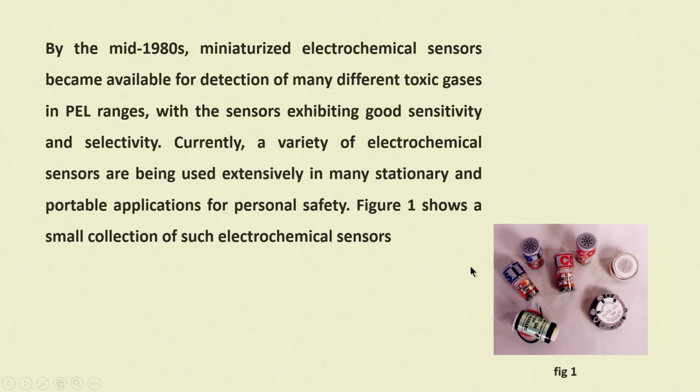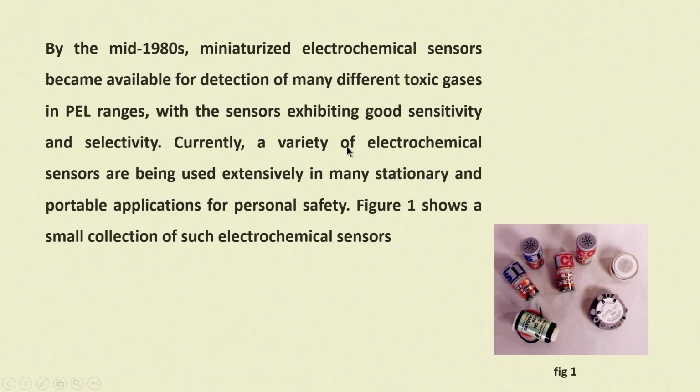So, it is like having a detective camera in a particular place. This will be a detective sensor for particular specific chemicals, and a variety of electrochemical sensors became available for the detection of toxic gases, with good sensitivity and selectivity.